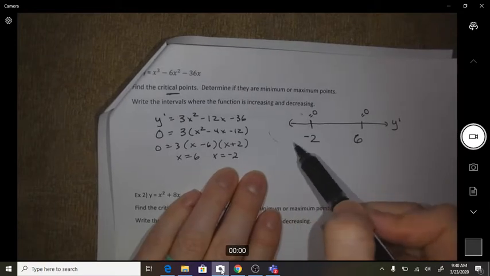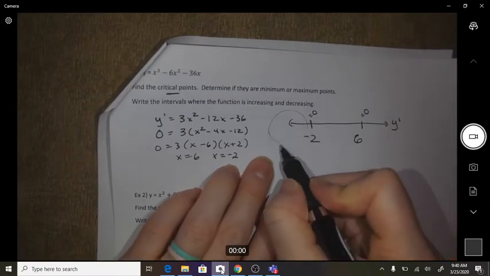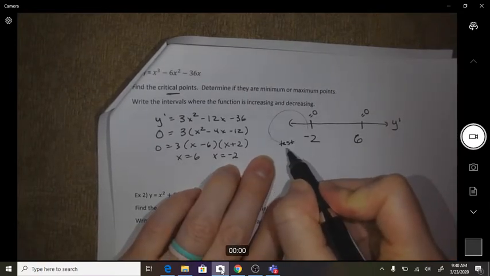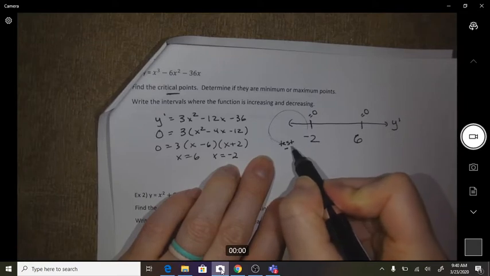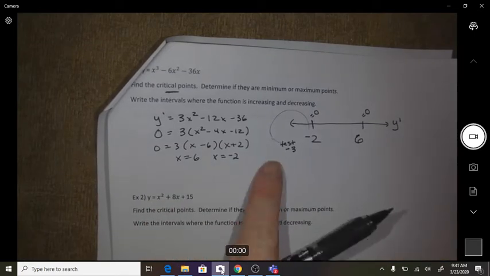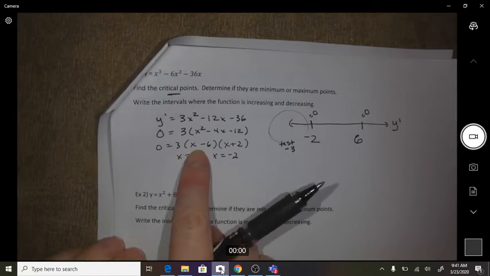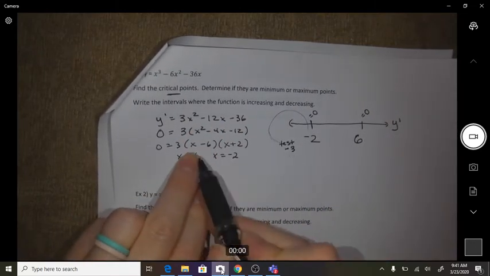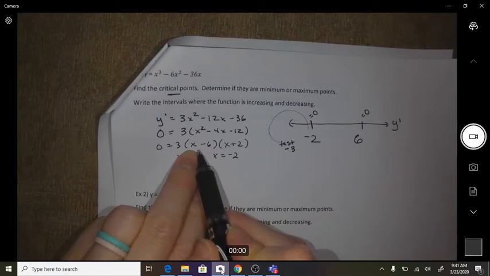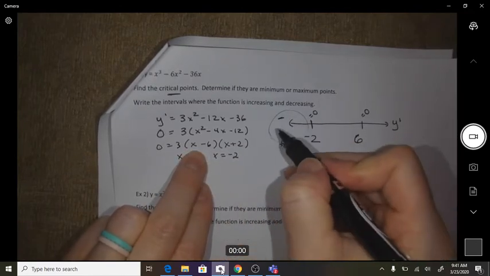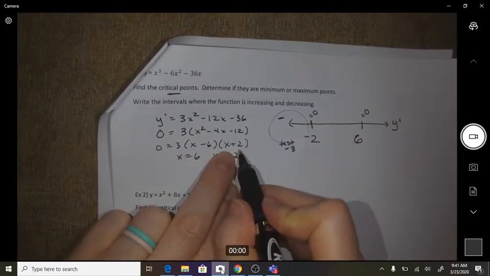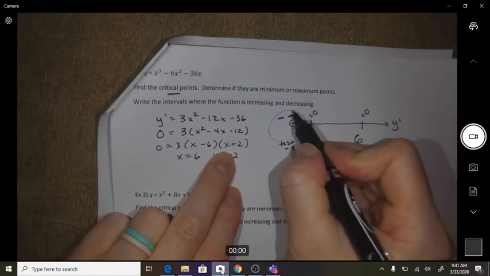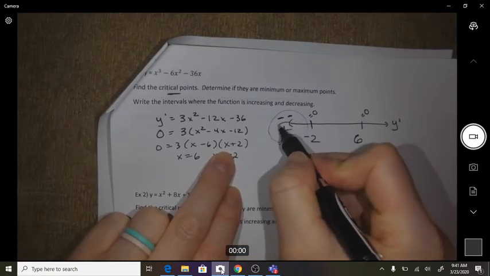So now I'm going to pick something in this zone. So test a number such as negative 3. I'm going to plug it into the factored line versus having to do it there. Because when I plug a negative 3 in, negative 3 minus 6 is negative, and negative 3 minus 2 is negative. So that would be positive.